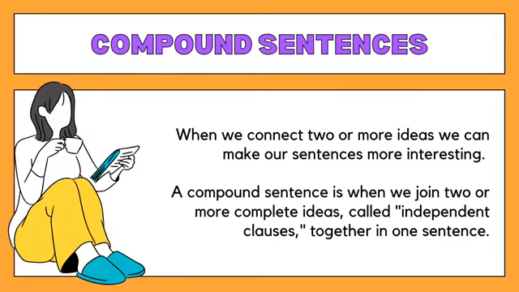Having successfully discussed the simple sentence, its features and properties, we will also be looking at compound sentences. From the word compound, we tend to understand that a compound sentence is a sentence that contains two or more independent clauses joined by a coordinating conjunction.